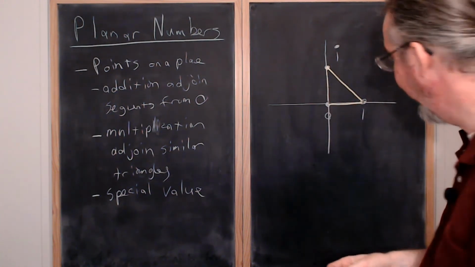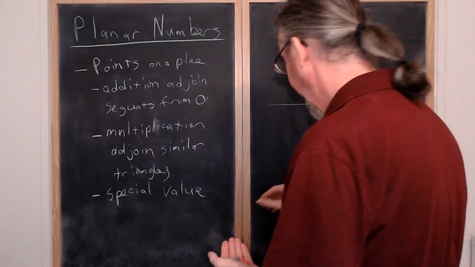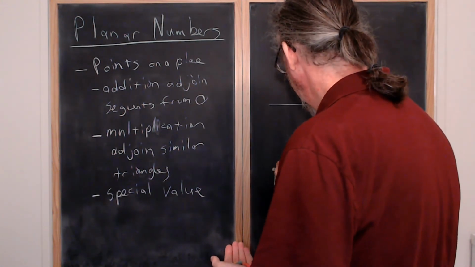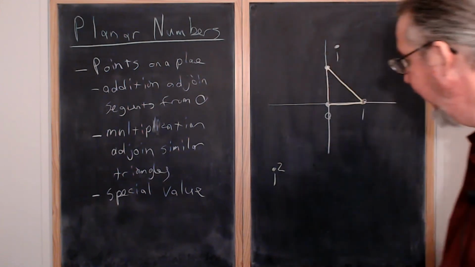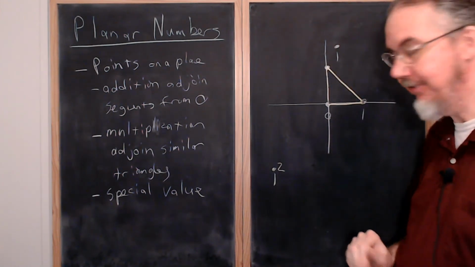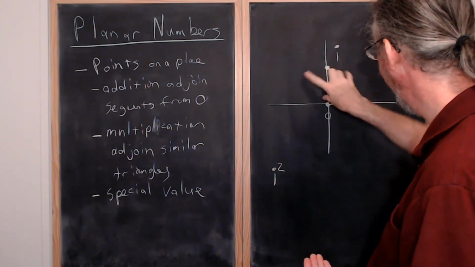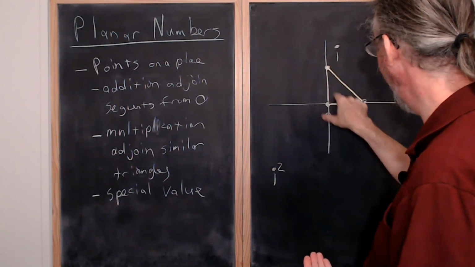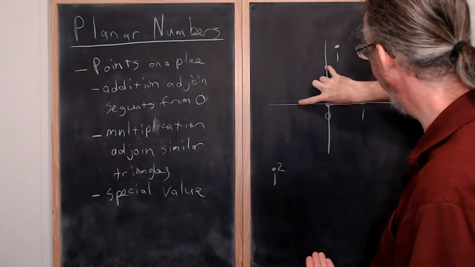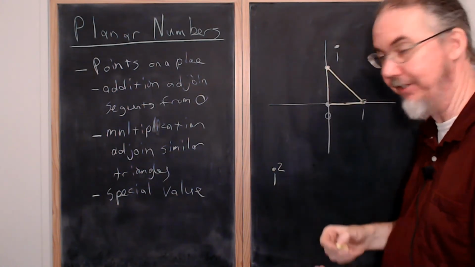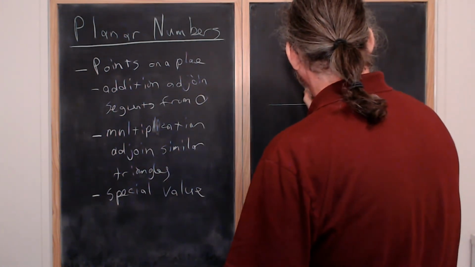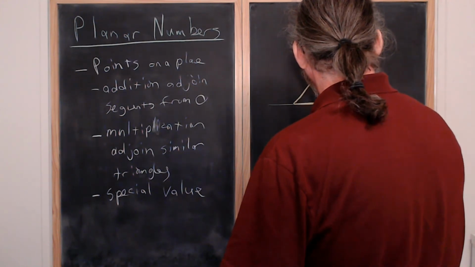And now we can consider, well, what is I squared? Well, to get I squared, I just need to multiply I by itself. So I need to take this triangle, and then since these lengths are the same, the similar triangle, I don't have to scale it at all. And so it's just going to make this triangle over here.